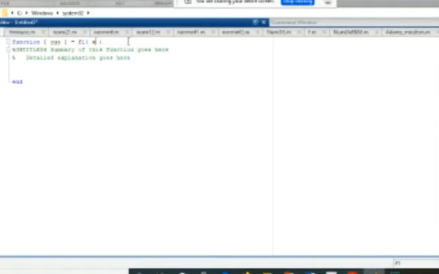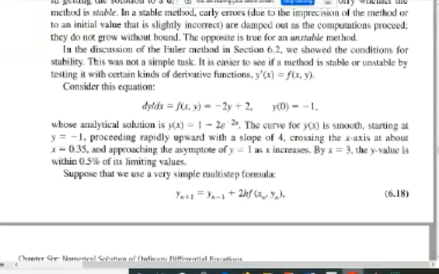We have two arguments, x and y. We define the values of x and y: minus 2y plus 2.